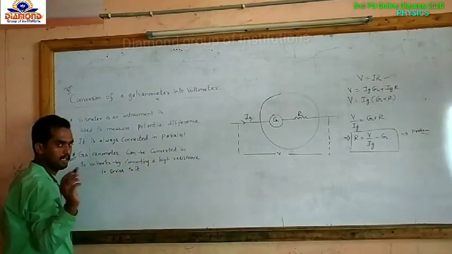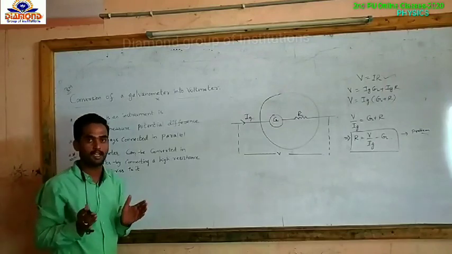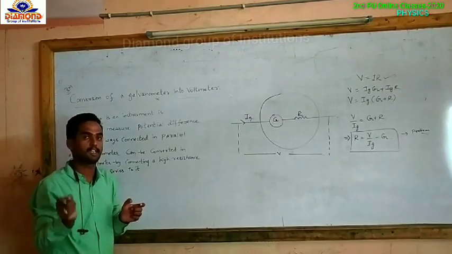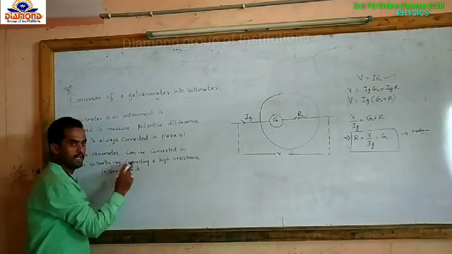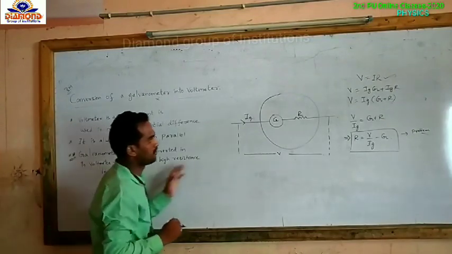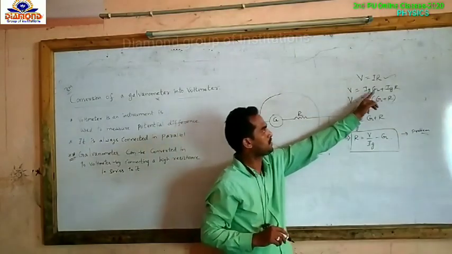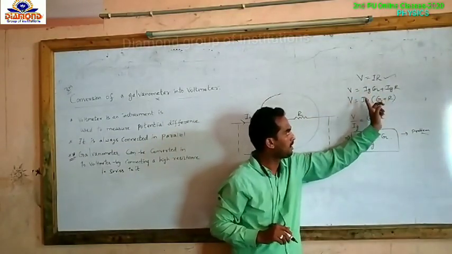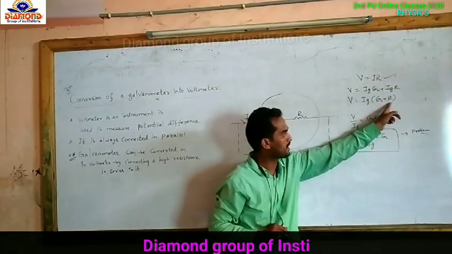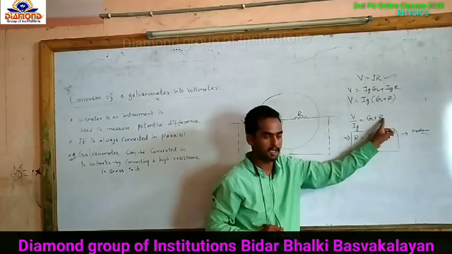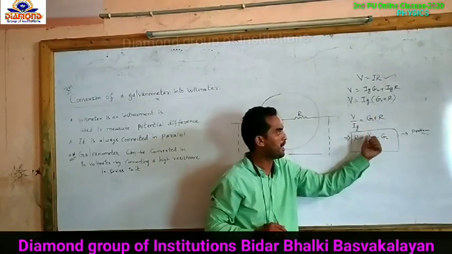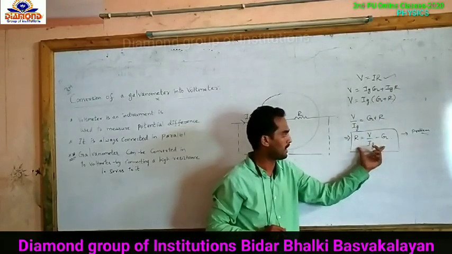In the last session, we took a small resistance connected in parallel, and here a high resistance is connected in series. So V equals Ig into G plus Ig into R. Taking Ig common, V by Ig equals G plus R. Then R becomes V by Ig minus G. This is the final expression.